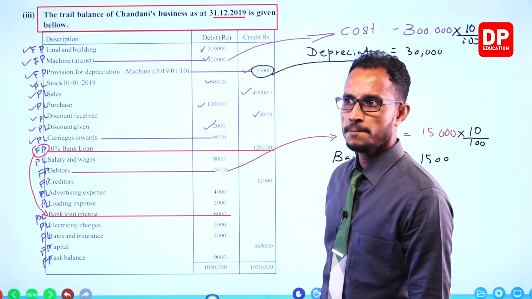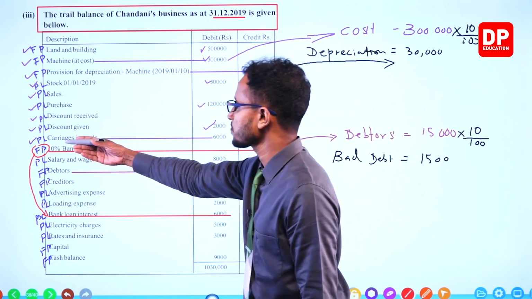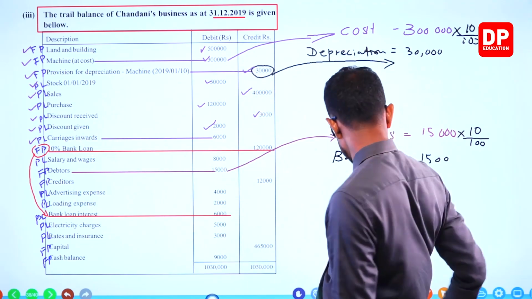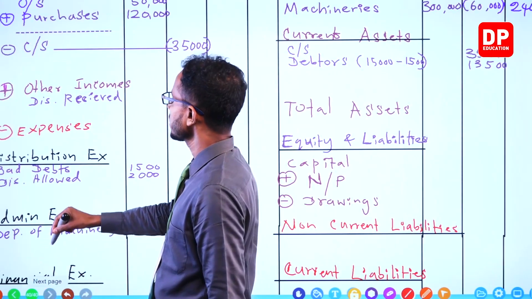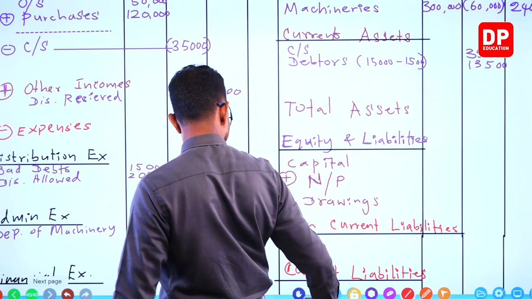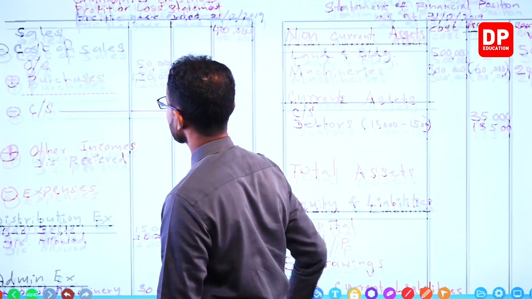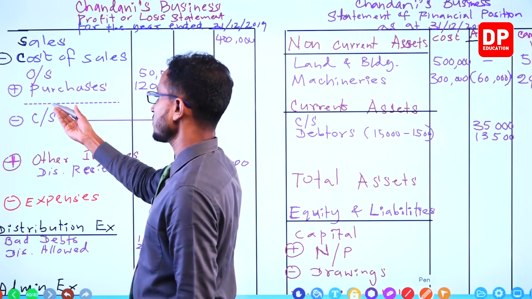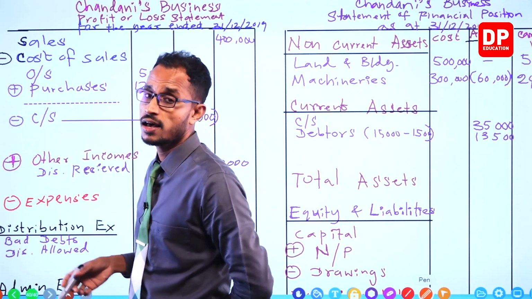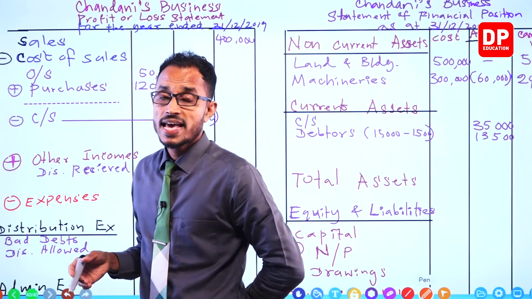Yes, 6,000 carriage inwards goes to the P&L under purchases. See, we left this space for purchase related expenses.